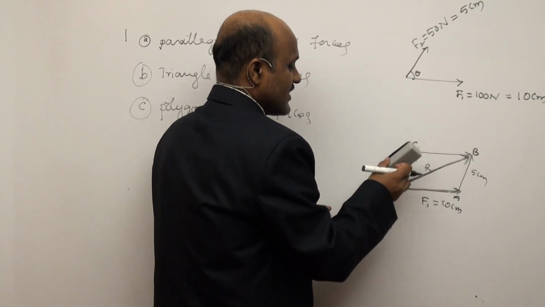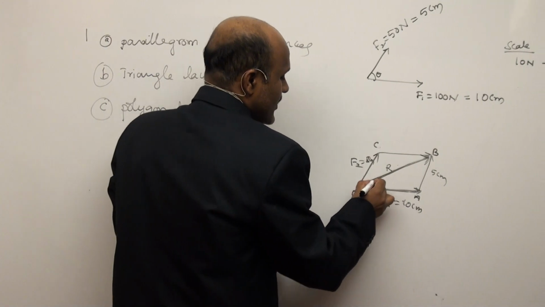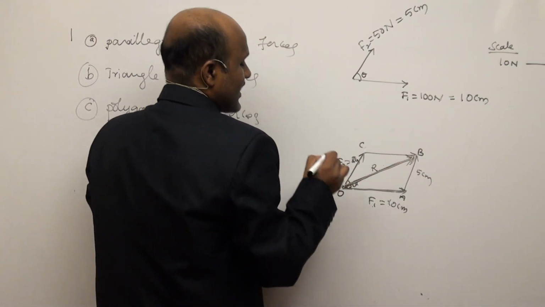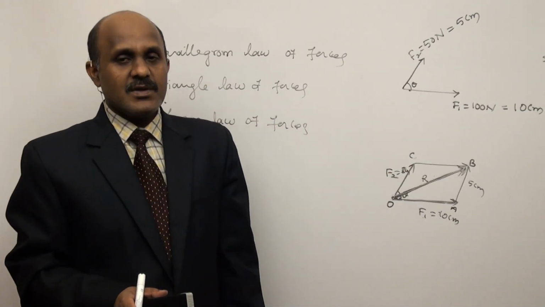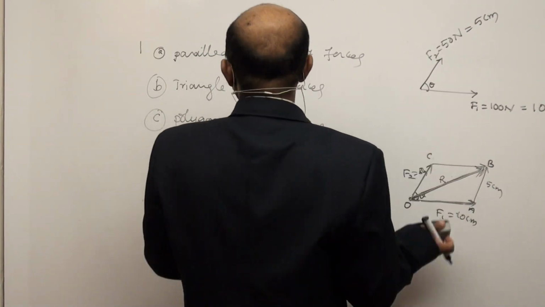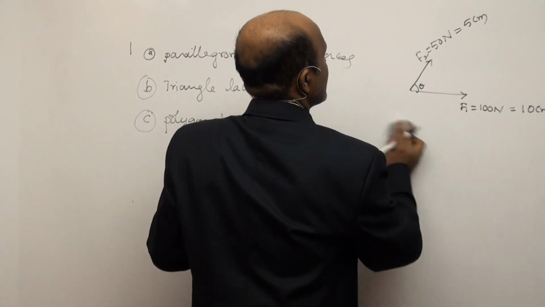The diagonal of the parallelogram passing through the concurrence point represents the resultant of these two forces. This is the statement of the parallelogram law of forces. It is one method for finding the resultant of two forces.